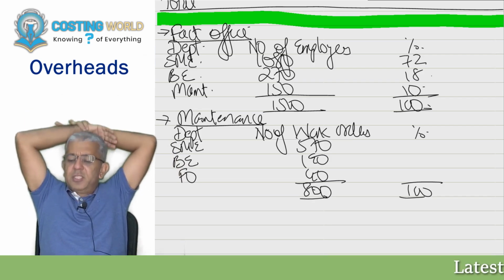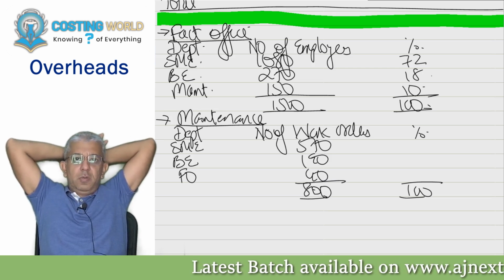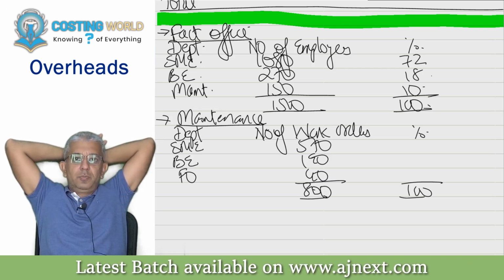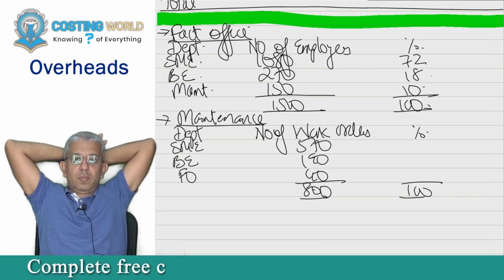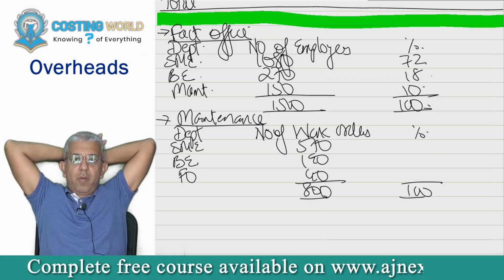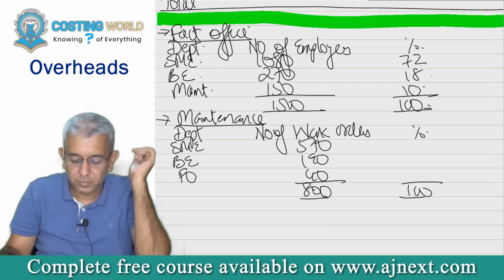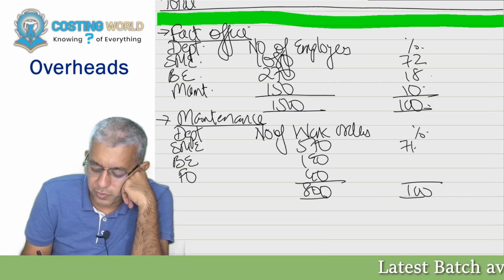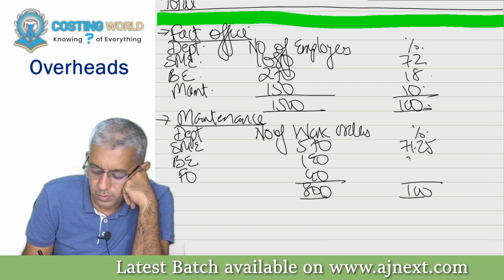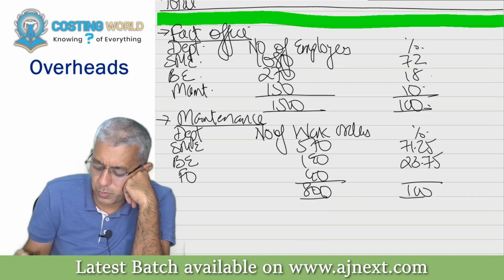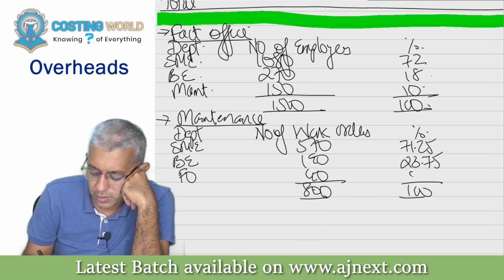In case coming in decimals, please take up to 2 decimals. $71.25, 23.75, and 5.